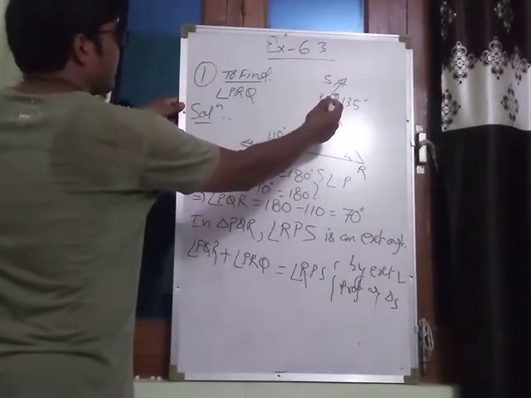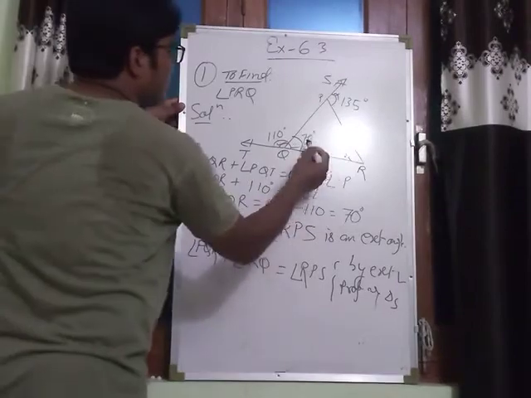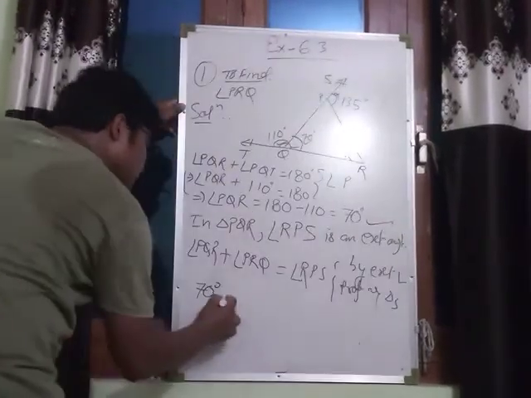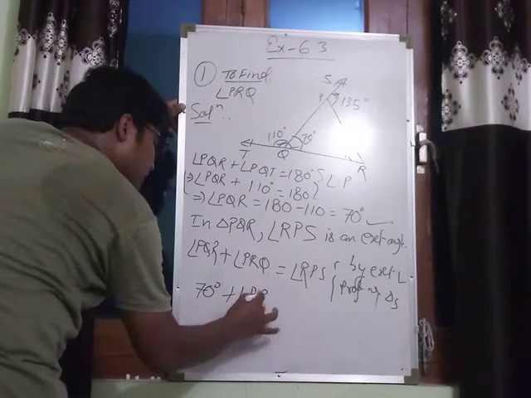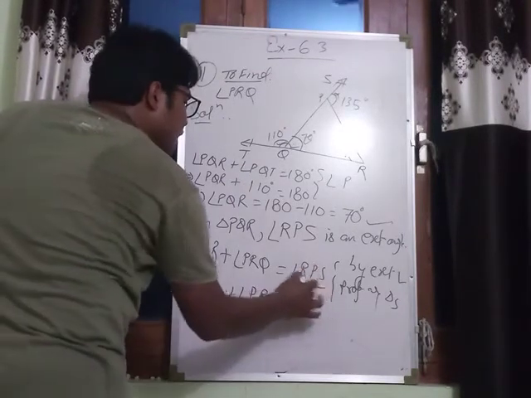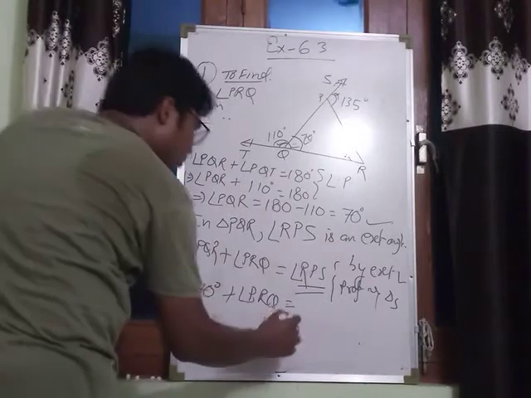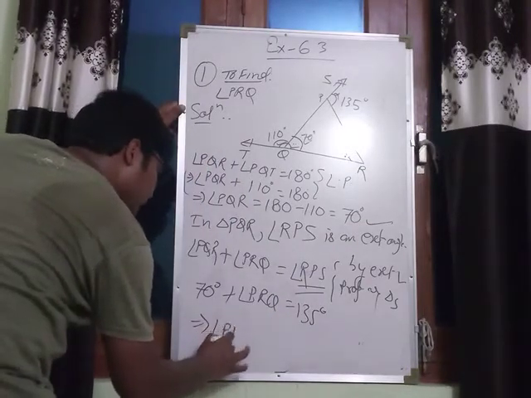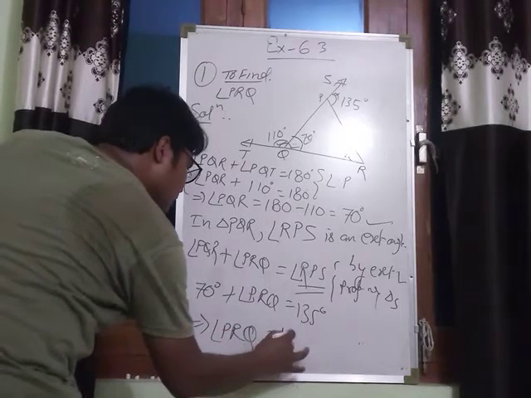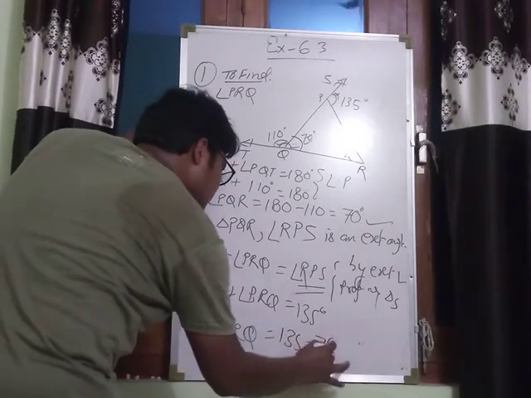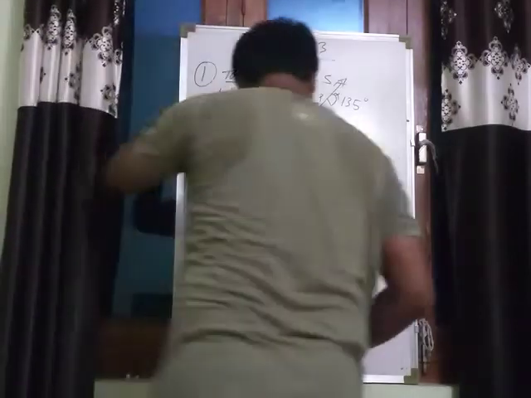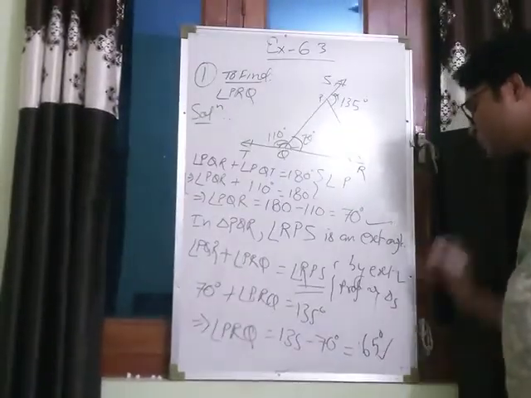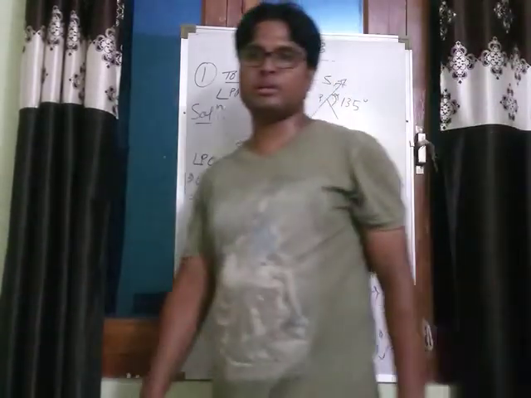Now here PQR is 70 degrees, plus angle PRQ, that is equal to RPS. RPS is 135 degrees. So from here angle PRQ equals 135 minus 70, that is 65 degrees. So that is the answer, 65 degrees.